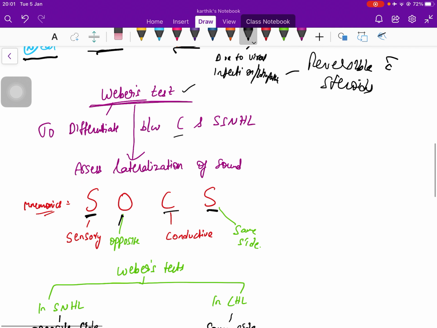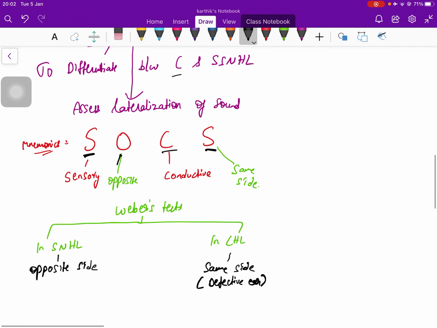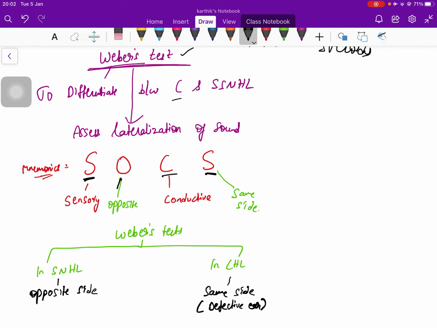Now, to differentiate whether it is conductive or sensory neural hearing loss, we do Weber's test. To interpret Weber's test, you assess the lateralization of sound. First of all, you vibrate the tuning fork and keep it on the forehead, vertex or the upper teeth. Then you ask the patient on which side they hear better.